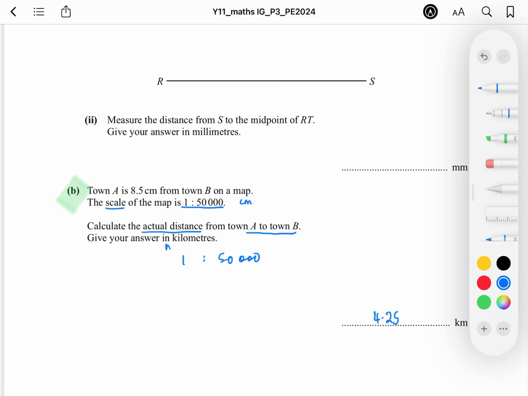So this is on the map. Scale given on the map means the first number is the measurement on the map, and 50,000, the second number, is the value of the actual, and both of these are in centimeter. Since the distance is 8.5 centimeter on the map, we find the actual here.